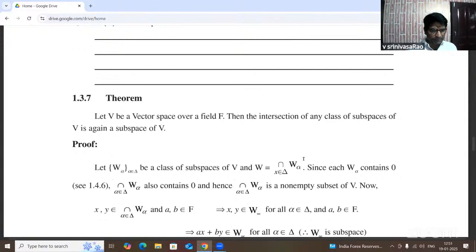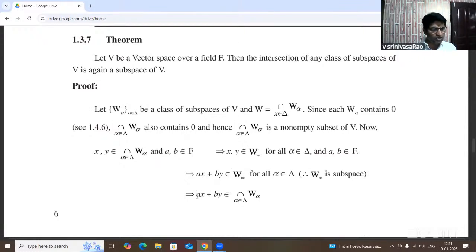So the entire part is called the arbitrary intersection of the subspaces. It is also a subspace, meaning it must satisfy the condition of subspaces, ax plus by. That is the one-step test for subspace: ax plus by belongs to W of F. Now here the entire arbitrary intersection means intersection of W alpha.